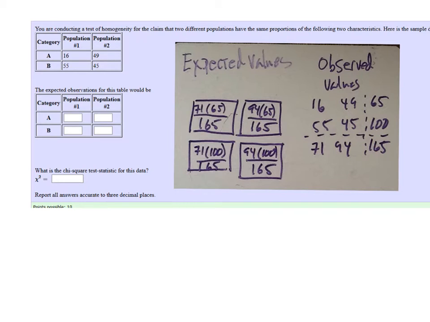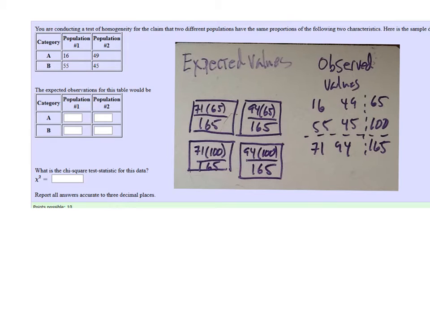If I want to find that expected value right there, notice that's the first row, the first column. So you take the sum of the first column times the sum of the first row and divide it by the table total, and that will be the number that goes right here.